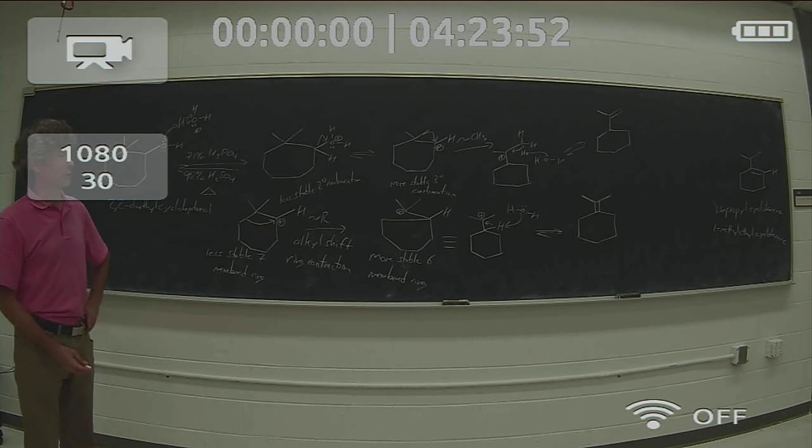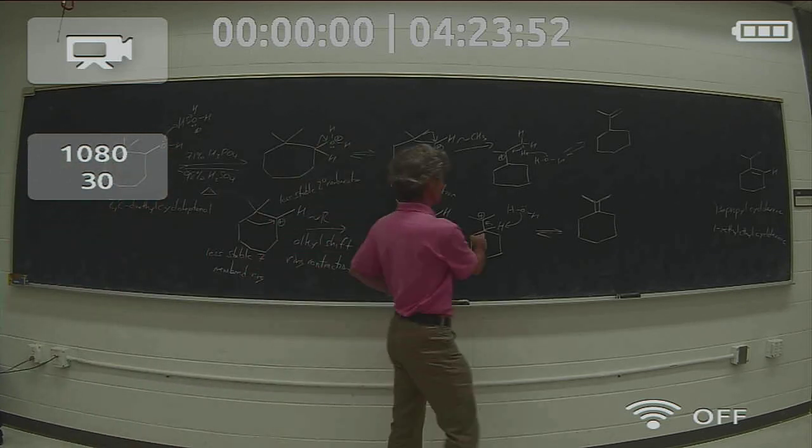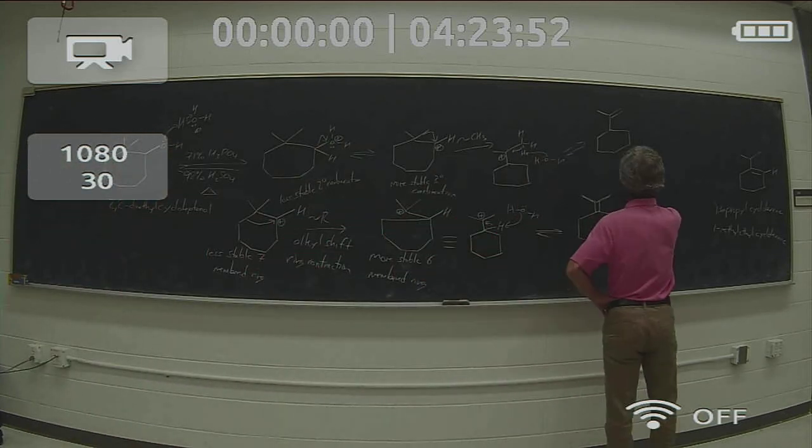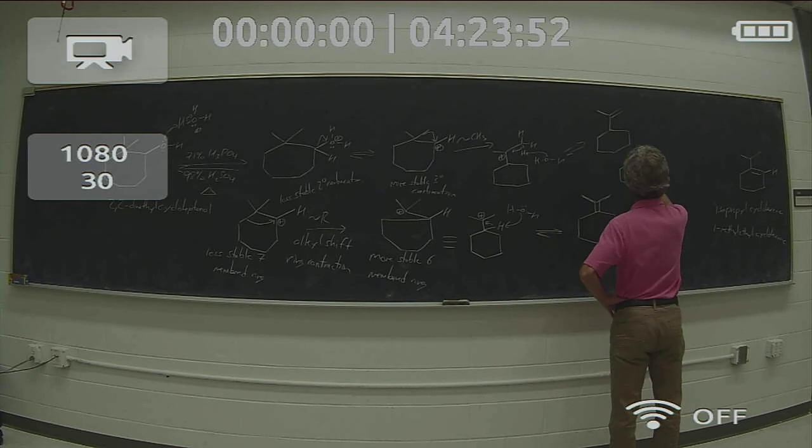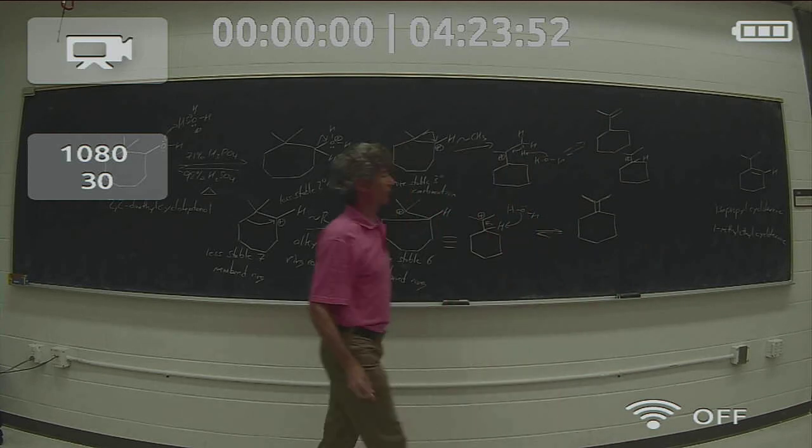And you could ask yourself the question, where did that come from? Well, you notice that this tertiary carbocation has branching in the beta position.